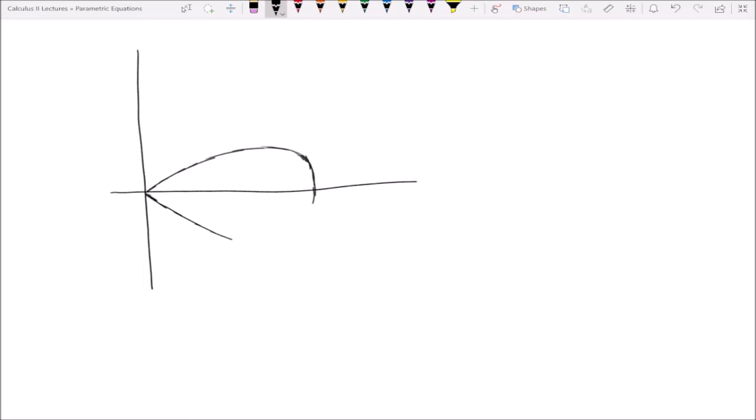Let's say we're given some parametric curve, and we want to find this area.